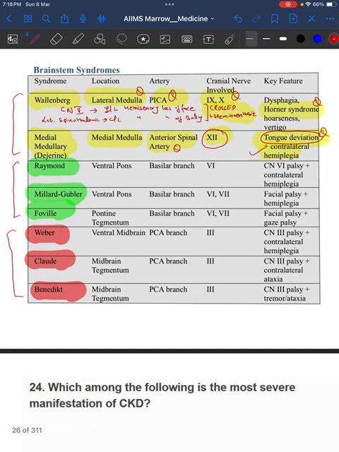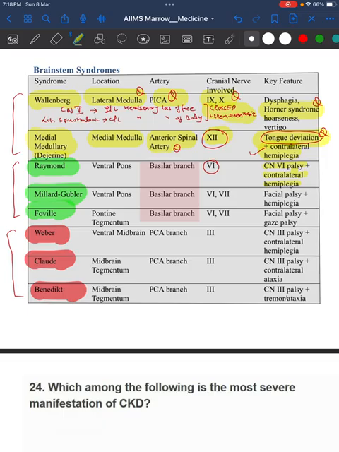Now next, coming to the pons. You have to remember one thing: in the pons, all three are supplied by the basilar branches, so this will never be the question. The question will be about the cranial nerve. In Raymond, only the 6th nerve is involved, so there will be ipsilateral 6th nerve palsy with contralateral hemiplegia.